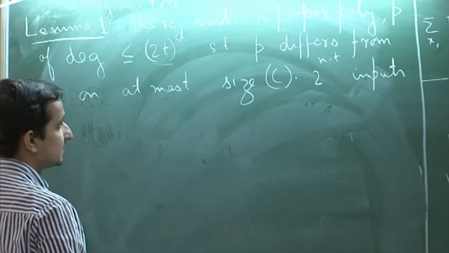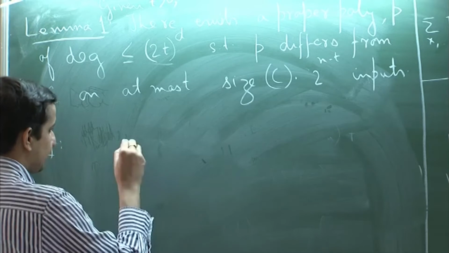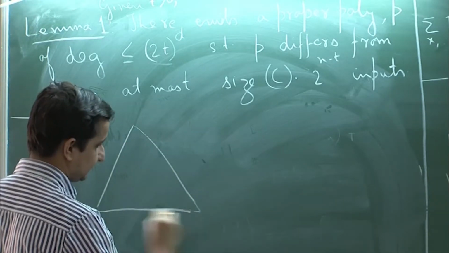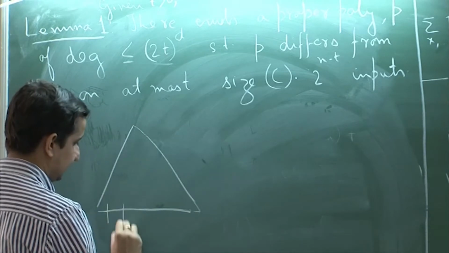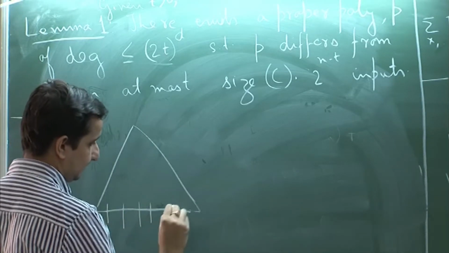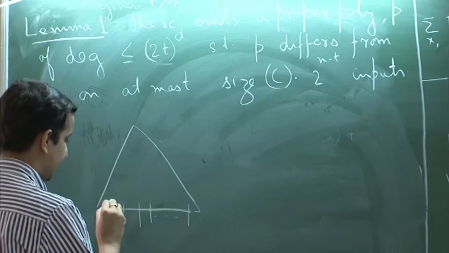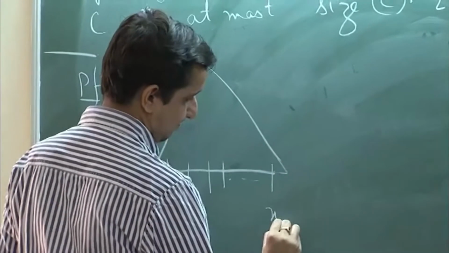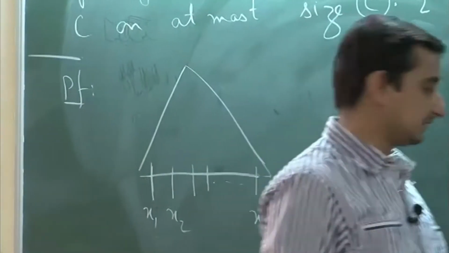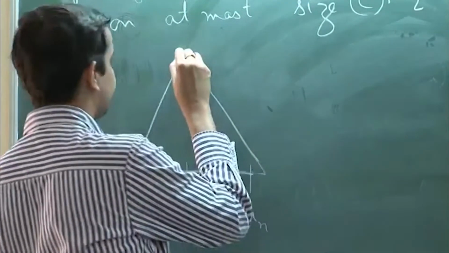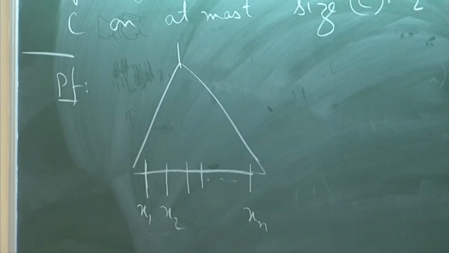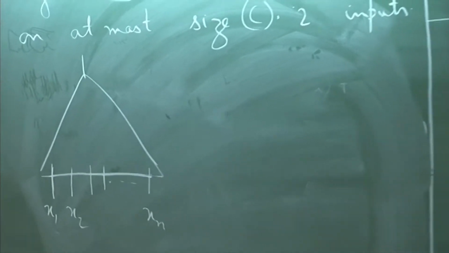Given C, let us say this is our circuit C, and these are the input gates. These are the input edges, and finally, we have an output edge. So, what we will do is, we will inductively associate a proper polynomial with each edge of my circuit.